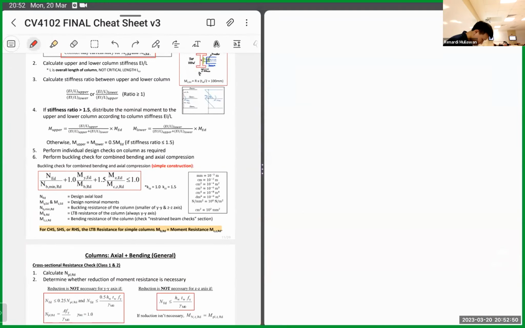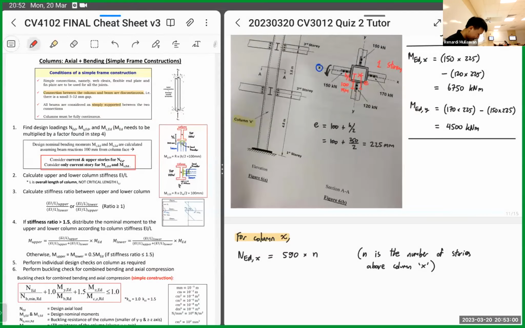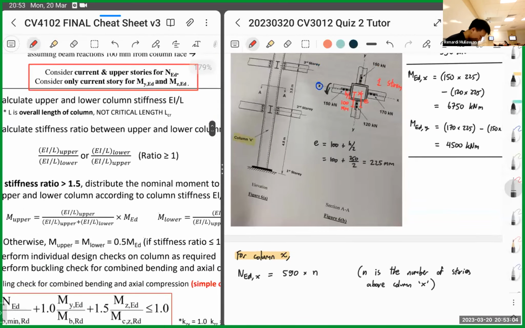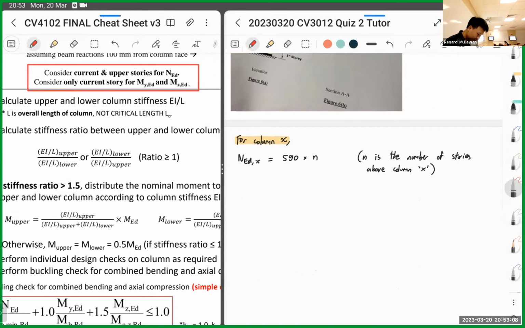So if you notice, it's not following this cheat sheet. Why? Because in this question, they flip the thing around. So for you to remember, you have the stiffness here, right?